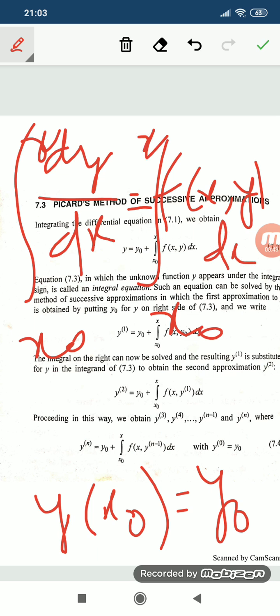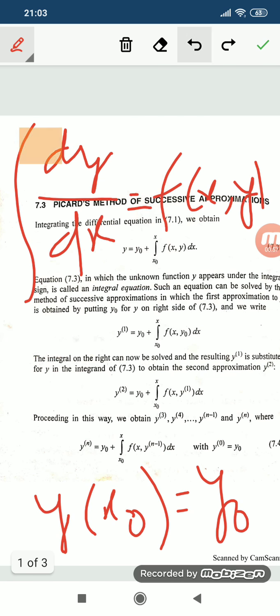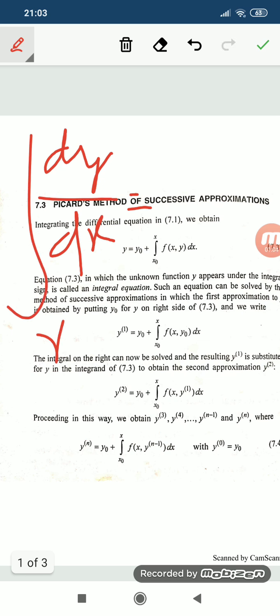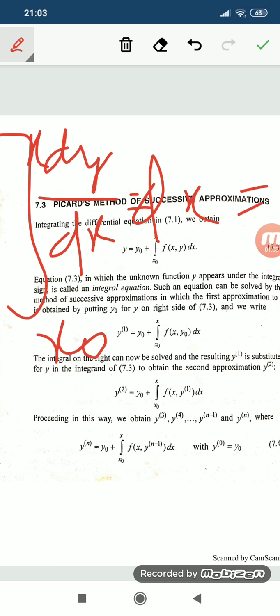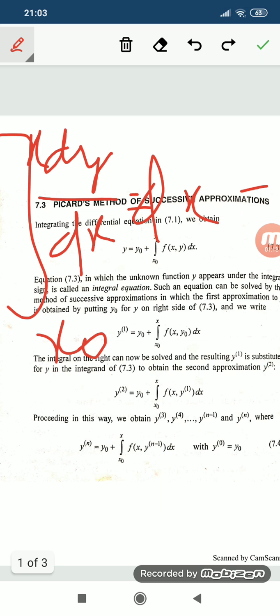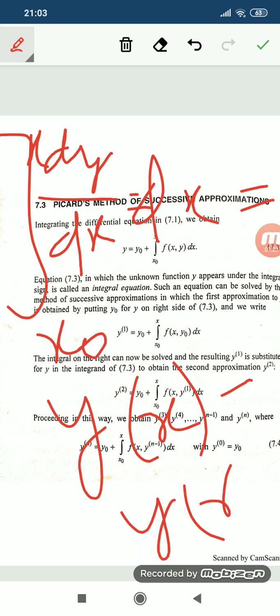If you integrate both sides, from the left hand side, because it is the derivative of y with respect to x, we get y from x naught to x, which is equal to y at x minus y at x naught.